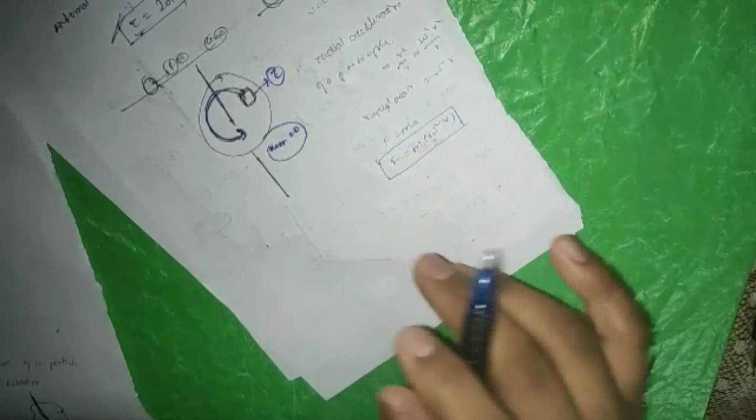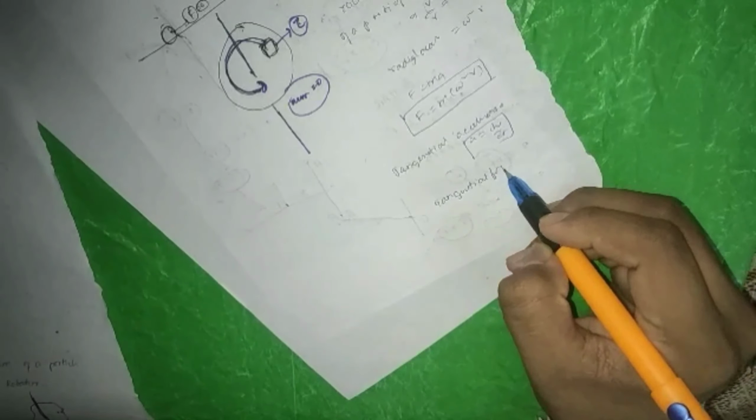Again we know tangential acceleration, A is equal to dv by dt. We studied it earlier also. Then tangential force, what about tangential force? F is equal to ma, then A is alpha, right?